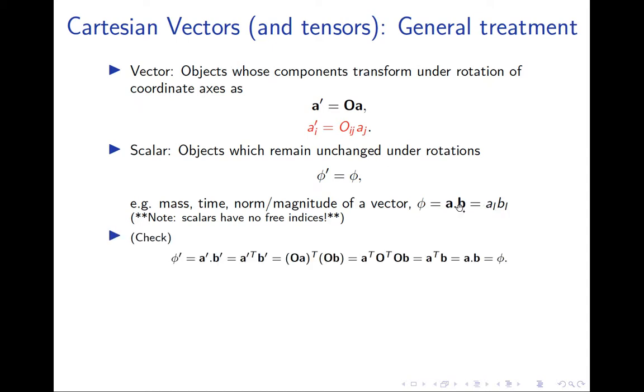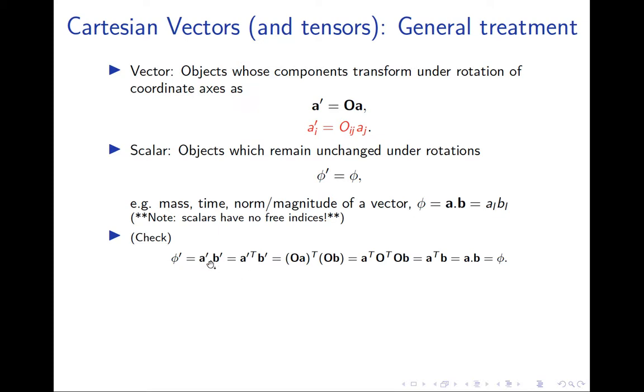So let's check this. On the left hand side, we have phi prime, phi in the primed coordinate system, the rotated frame. The dot product of two vectors is a prime dot b prime. The way we define the dot product is that we take a transpose of the first one, and b you leave as a column vector.